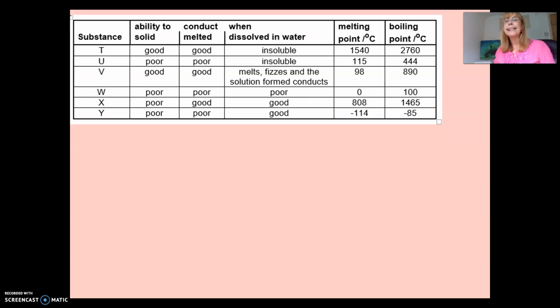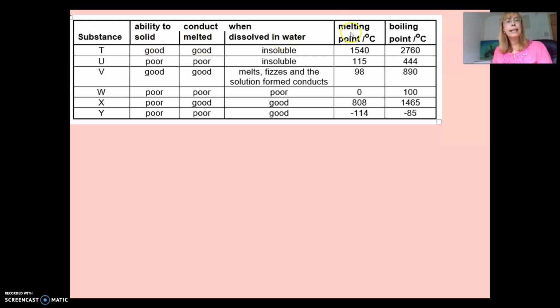So this is where the examiner is going to test your ability to analyze information, to make deductions about whether a substance is ionic, covalent, or metal. If we look at this table, I've got a couple of unknown substances, and it describes their ability to conduct electricity when they are a solid, when they're melted, or when they're dissolved in water.